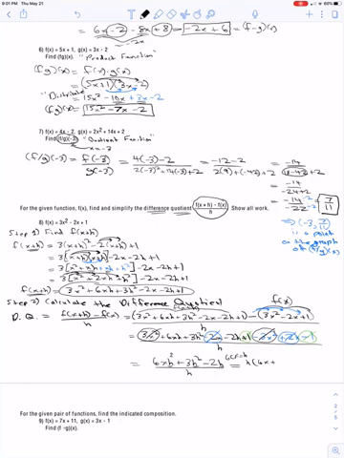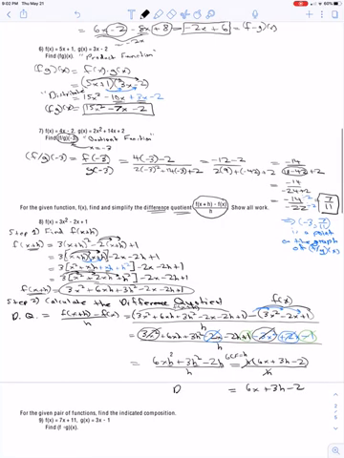We pull the h out of 6xh. So we factor out h out of 3h squared. We're left with 3h. We factor out the h from minus 2h. We're left with minus 2. And what do we have? The h's, they're common factors. So they divide out. So in the end, we found our difference quotient. 6x plus 3h minus 2. So here's the difference quotient.